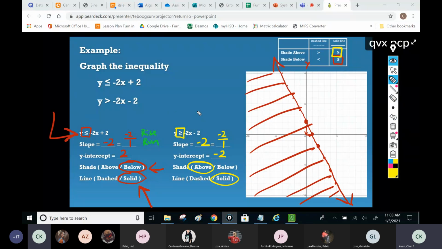All right, now we're going to do the second one. The y-intercept is -2, so on the y-axis, find -2, which is right here. The slope is -2/1, so you do the same thing: down 2 units, across 1 unit, down 2 units, run across 1 unit.